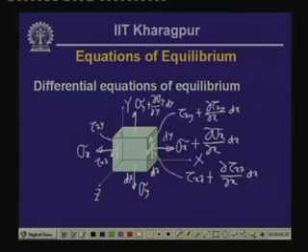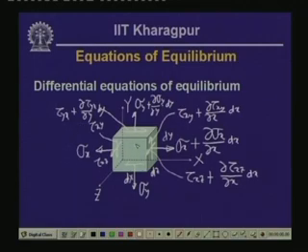The shearing stress component on the y plane acting in the direction of x will have tau y x plus del tau y x del y over length of dy.